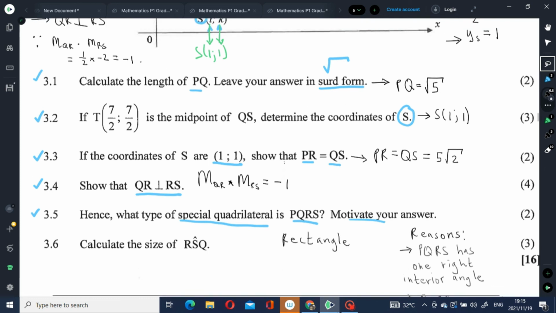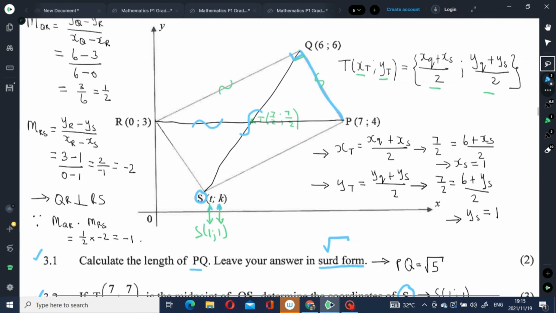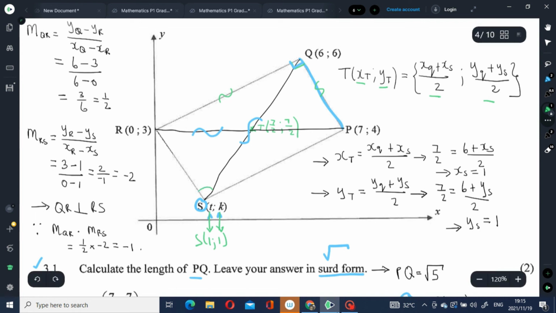It says calculate the size of the angle RSQ. So let's identify the angle that we need to look for. There we have RSQ. There's the angle that we're looking for, right?